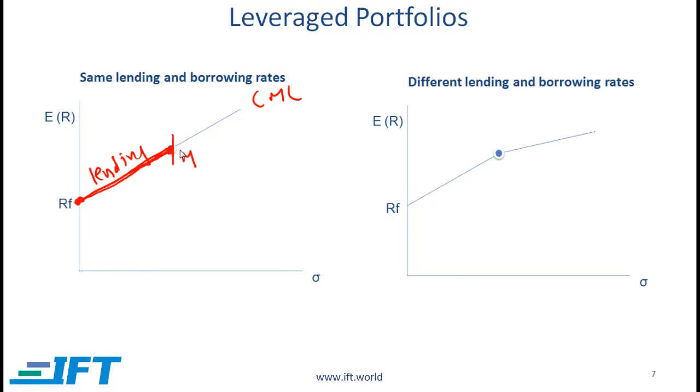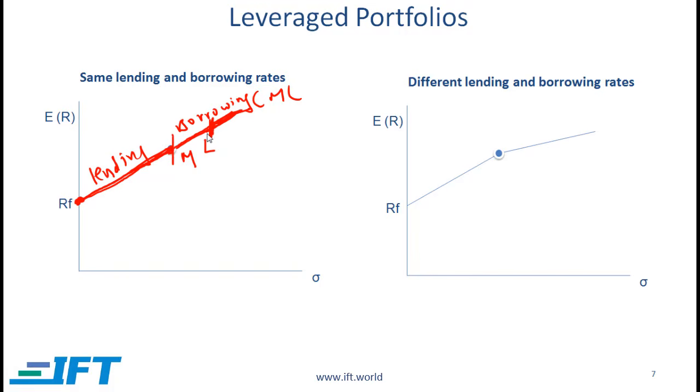The part to the northeast of the market portfolio is called a leveraged portfolio or a borrowing portfolio. The reason is, to get to this part of the CML, we need to borrow money and invest the borrowed money in the market. This point L, for example, can be reached by borrowing 25% of our equity and then putting our 100% equity plus the 25% borrowed amount into the market.